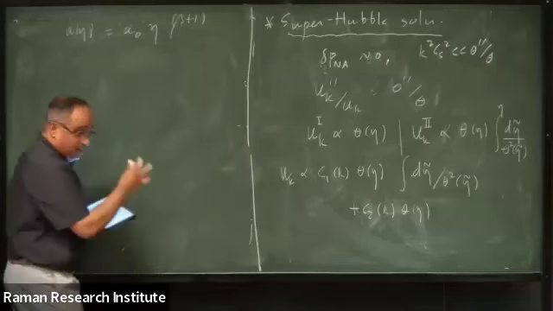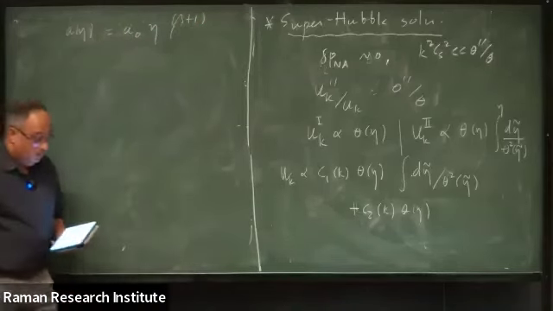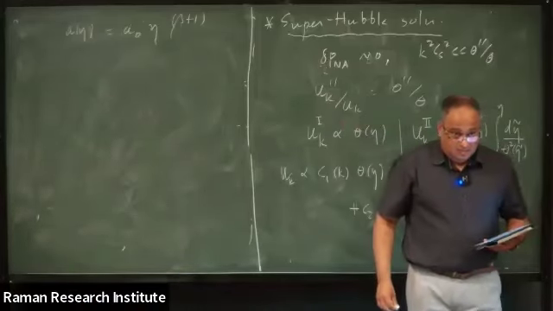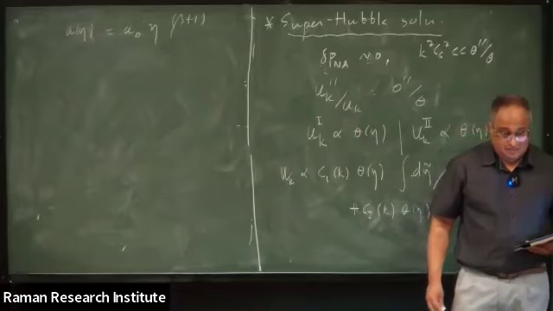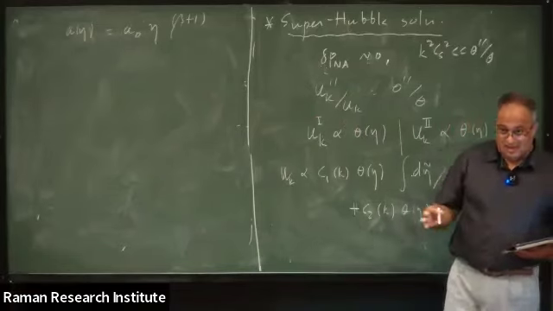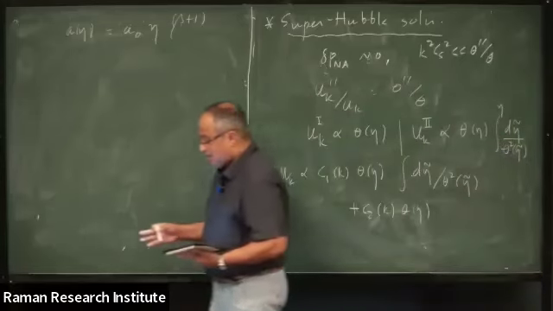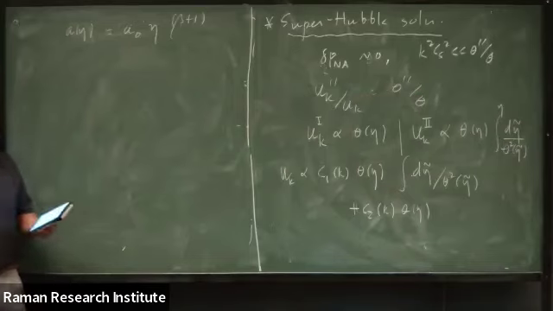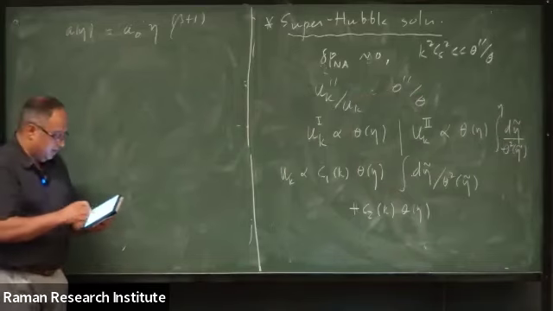I'm writing in this form for convenience. What is beta in radiation domination? Zero, because a is proportional to eta in radiation domination, and in matter domination, a goes as eta squared, therefore beta is 1. So I can consider arbitrary beta.